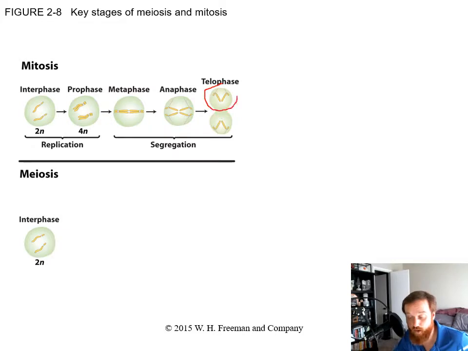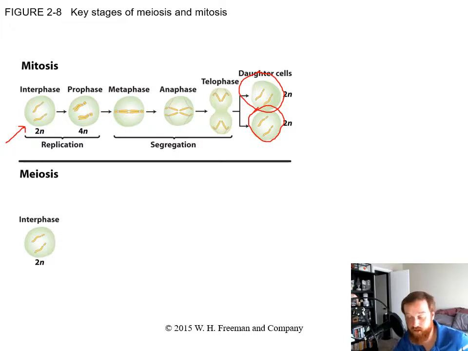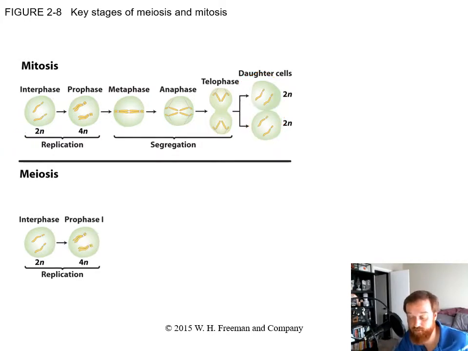Telophase, where the cell begins to divide around those now segregated chromosomes. And you have two daughter cells that are identical to this first parental cell that we started with. So they've replicated your mother and your father's chromosome and have two of the exact same cells at the end of mitosis.